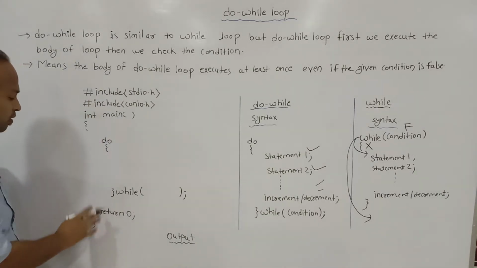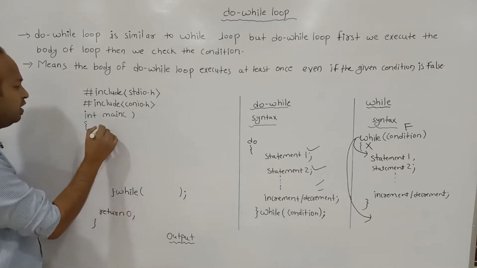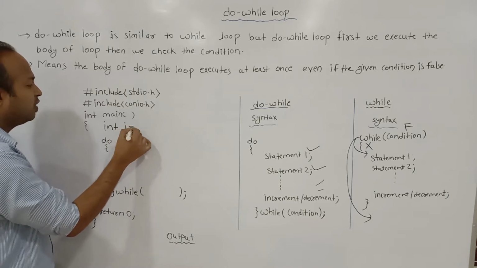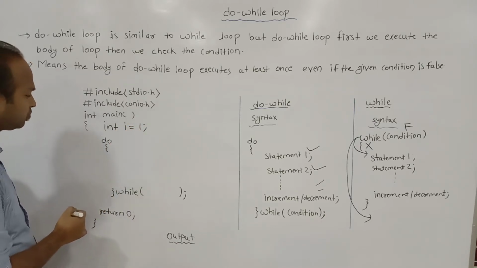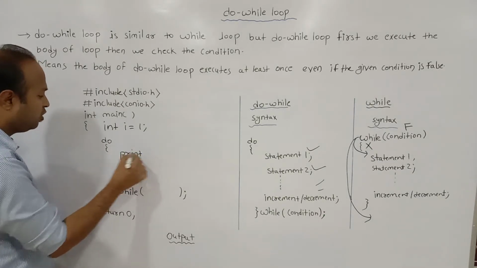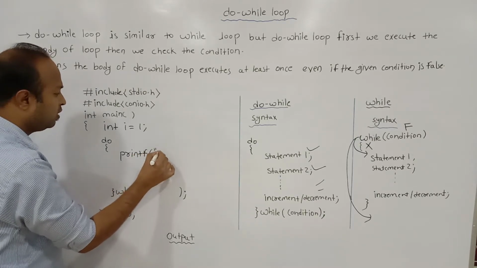This is a simple structure of a C program. Now here we will declare one variable int i and we will initialize the value of i with 1. Now the value of i is 1. Within the do while loop we will print hello, using printf.